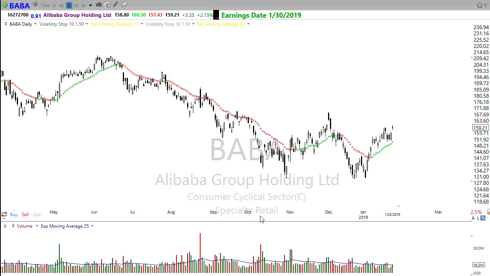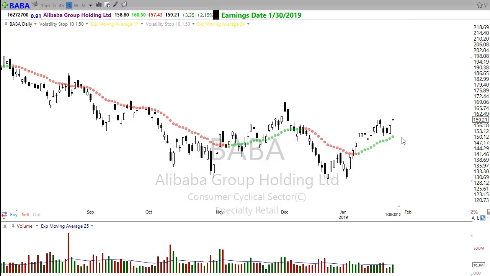Remember, guys, this trending indicator is not a buy-sell signal. The price action is a buy-sell signal. So really the question Val is asking, would I take a trade if it's below the volatility stop?